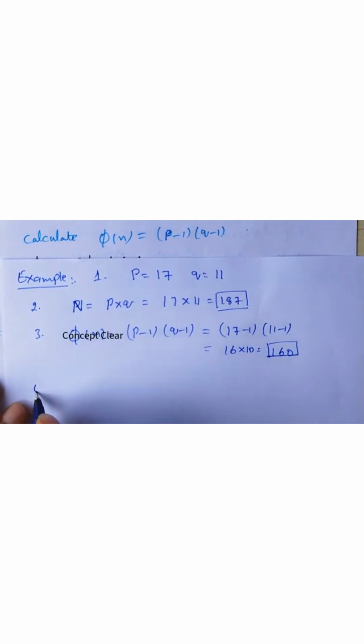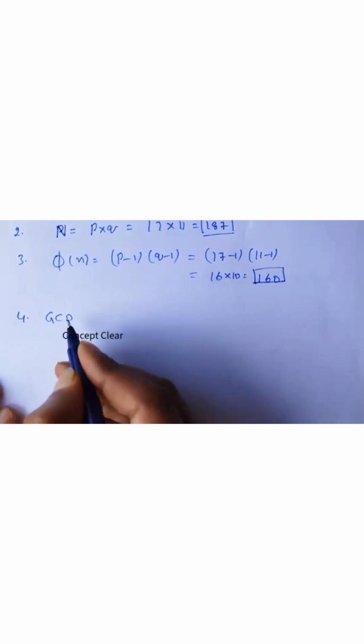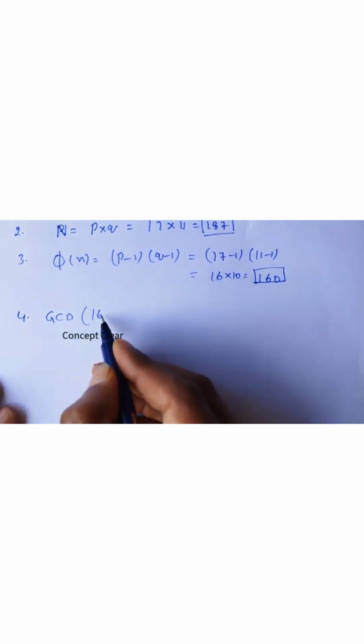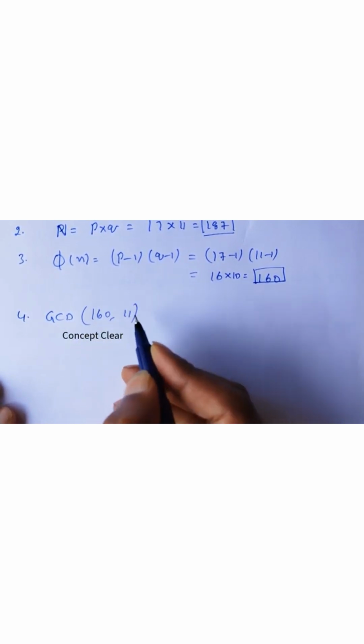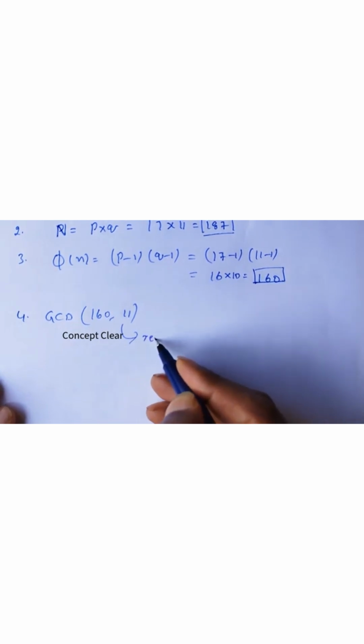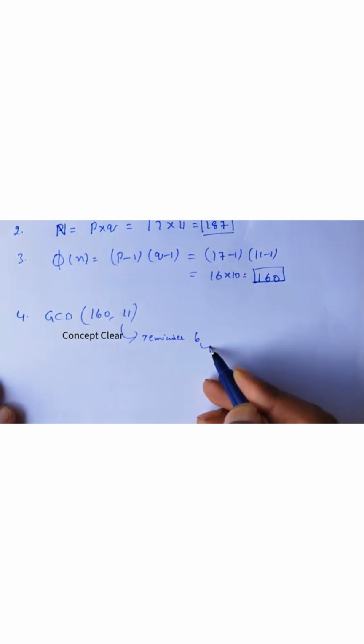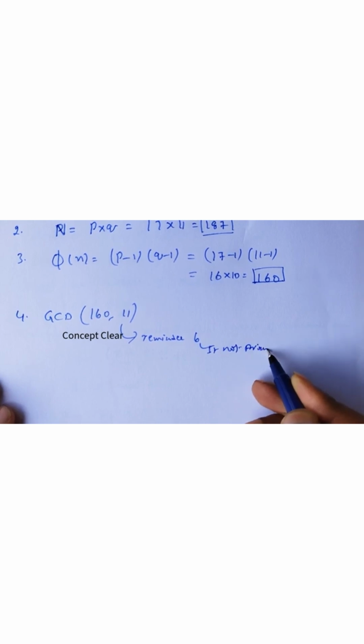So in the fourth step, we have to calculate the GCD of 160 comma, first one is 11. If you calculate this one, the remainder is 6. So it is not a prime number. If it is a prime number only, we will consider it.